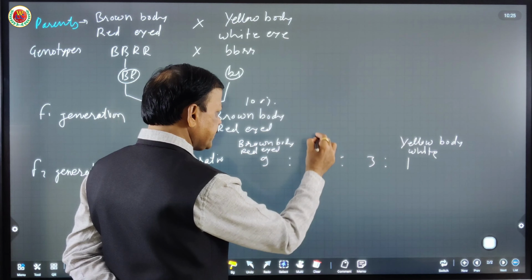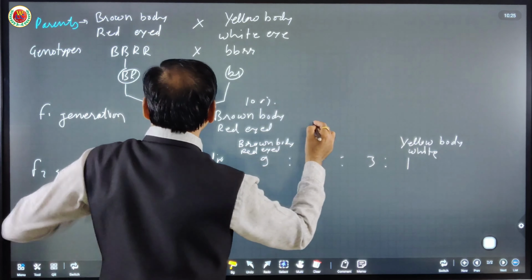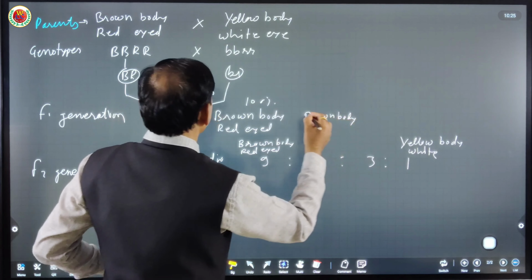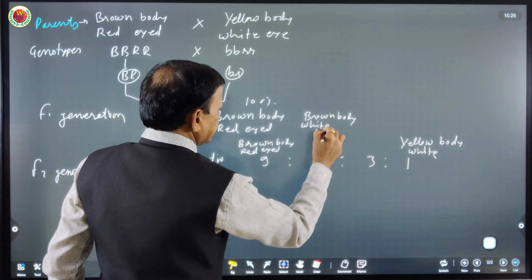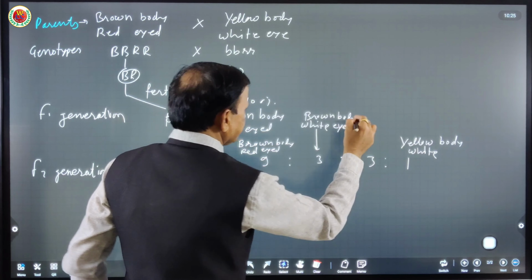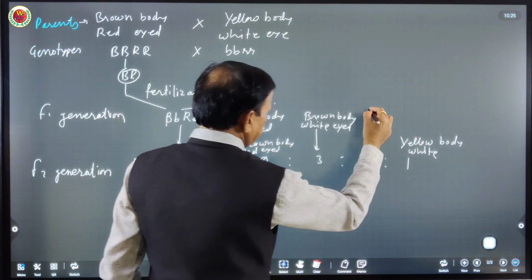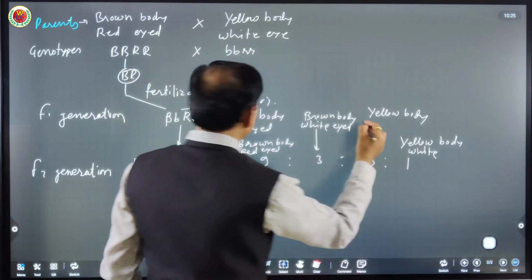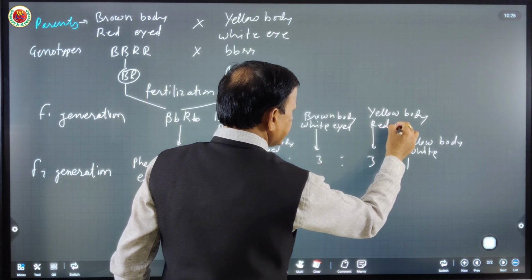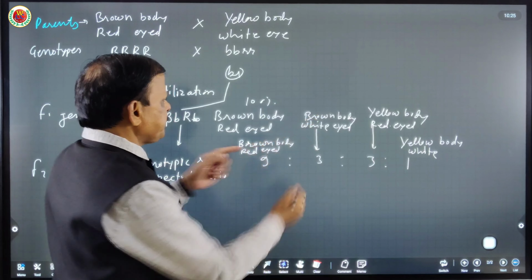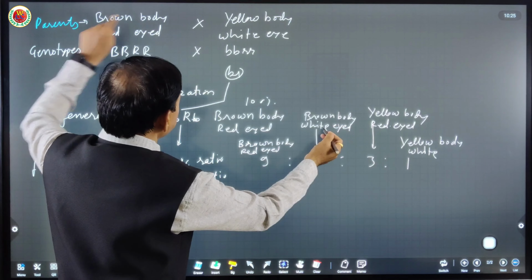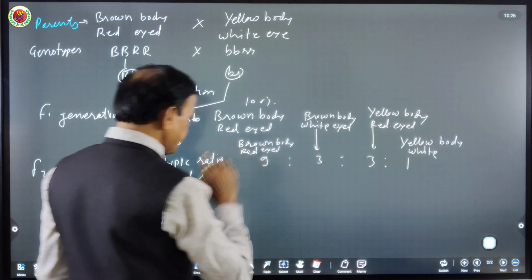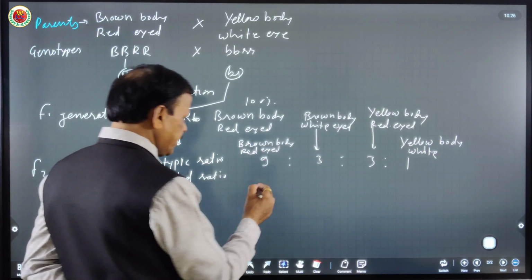As for recombination, brown body and white eye is a recombinant, and another recombinant is yellow body and red eye. These are the recombinants, as they were not parental. Brown body, red eye was parental, but brown body with white eye and yellow body with red eye are recombinants. It was expected.